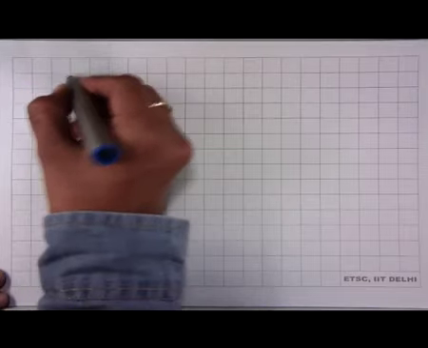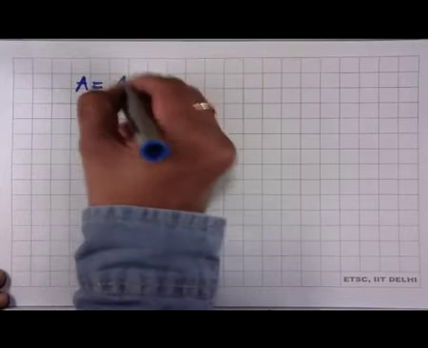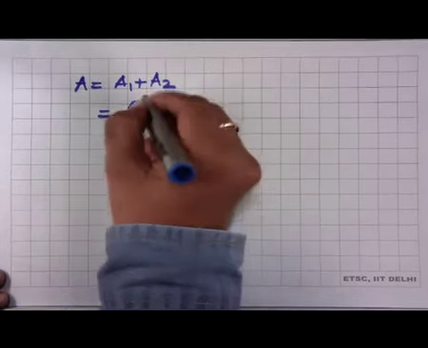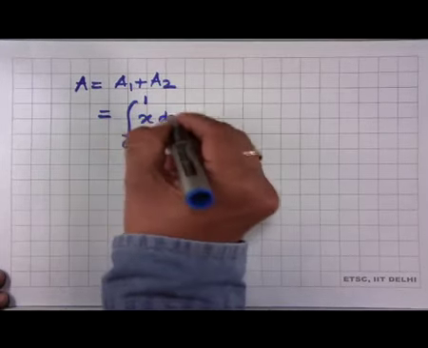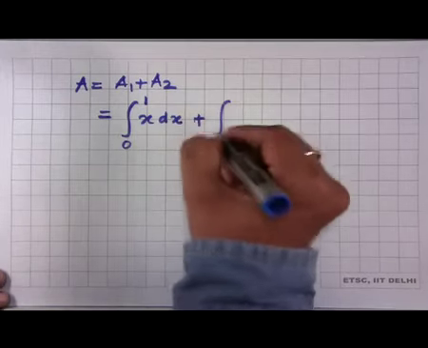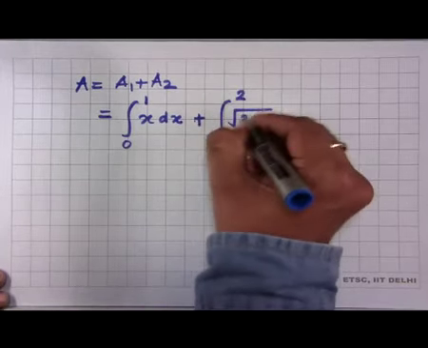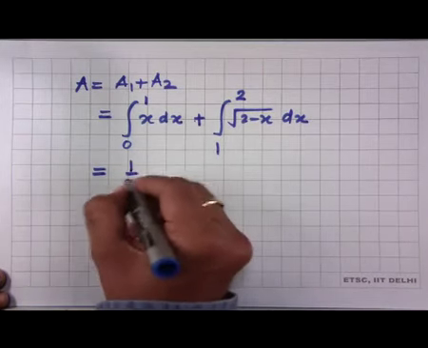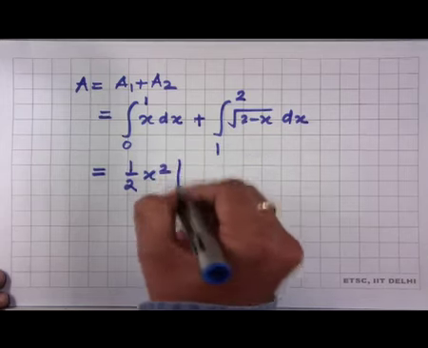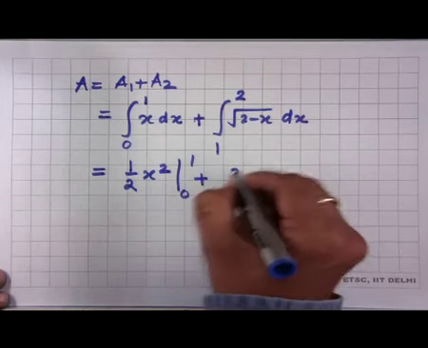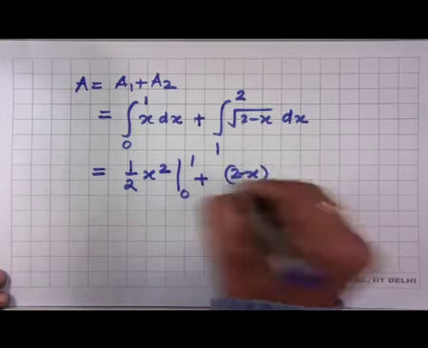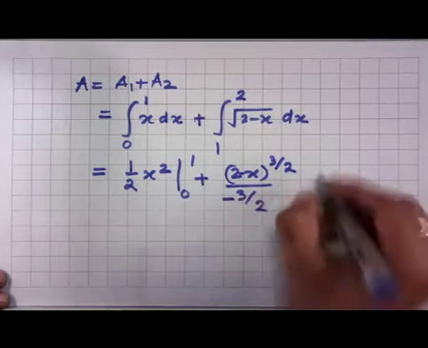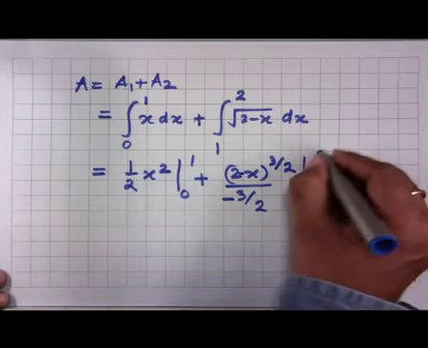So, the total area required is A1 plus A2, which is the integral from 0 to 1 of x dx plus the integral from 1 to 2 of under root 2 minus x dx. This is equal to 1 by 2 x square from 0 to 1 plus 2 minus x to the power 3 by 2 by 3 by 2, minus, from 1 to 2.